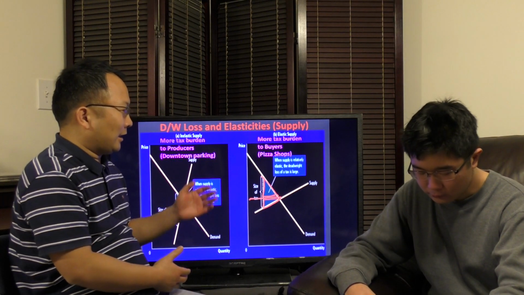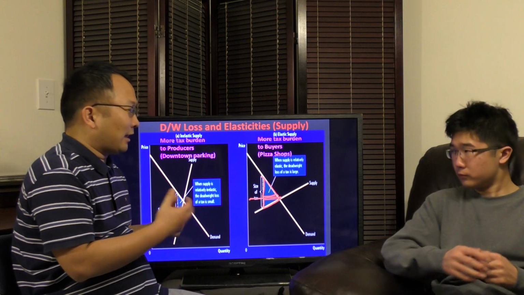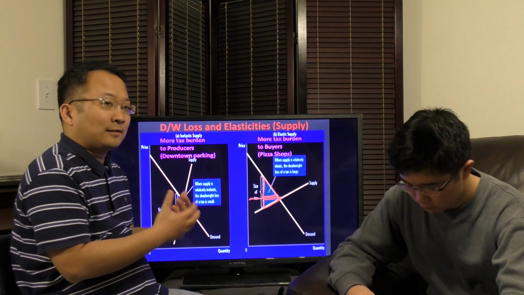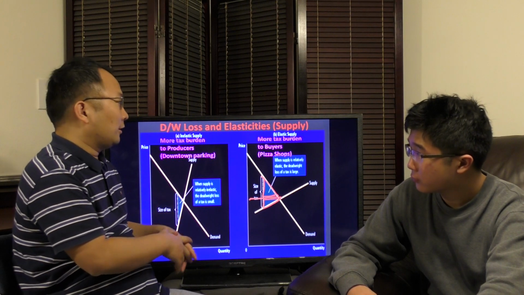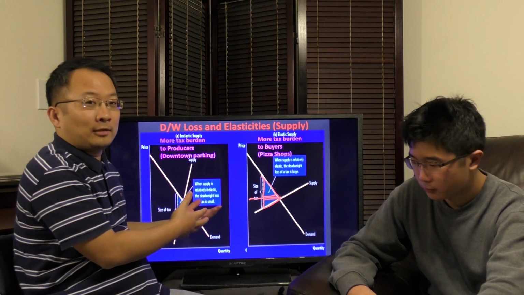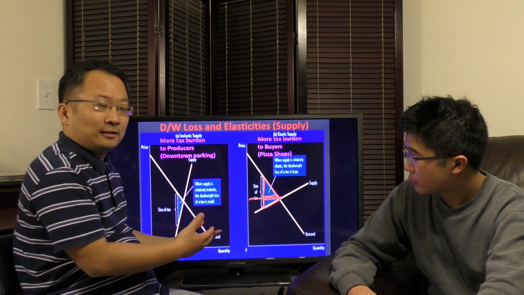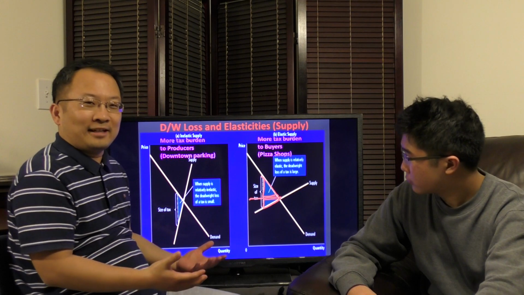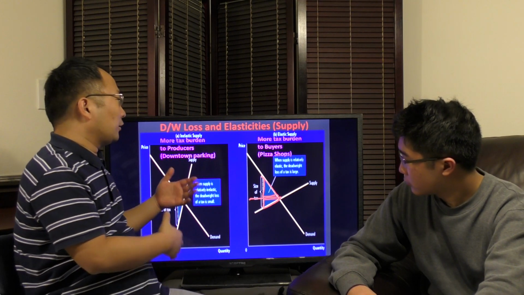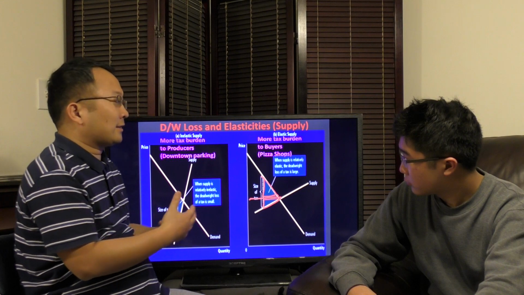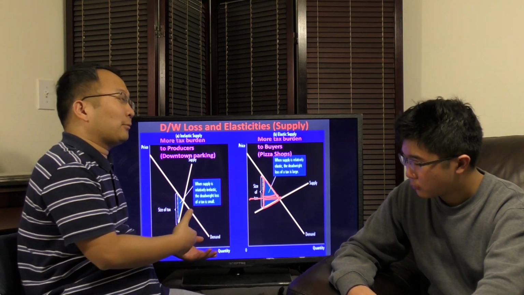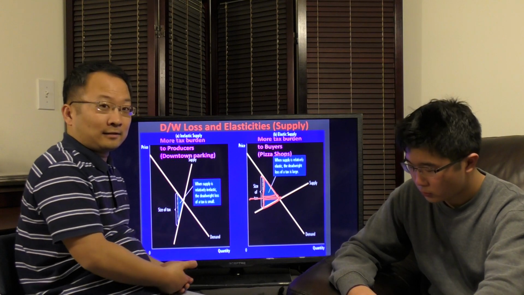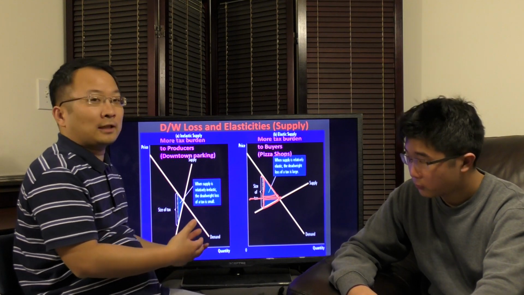In reality, the government really likes to put excise tax on inelastic businesses. For example, cigarettes, with inelastic demand, or downtown parking. That's exactly what happens in reality, because they know those with inelastic supply or inelastic demand are still going to stay in business, even if we put some more excise tax. So they're still going to collect the tax revenue.